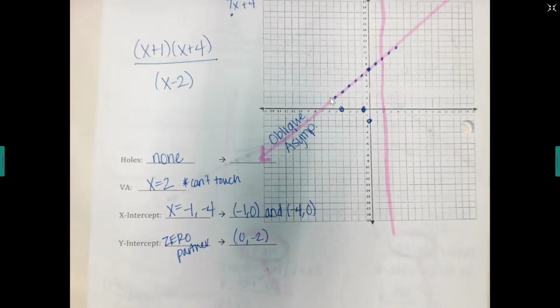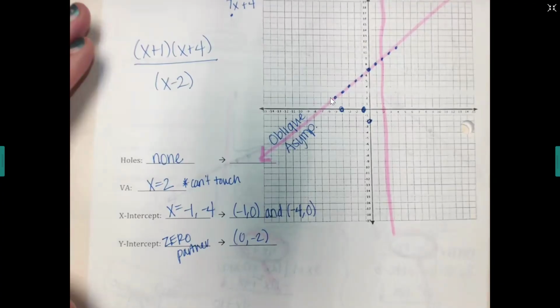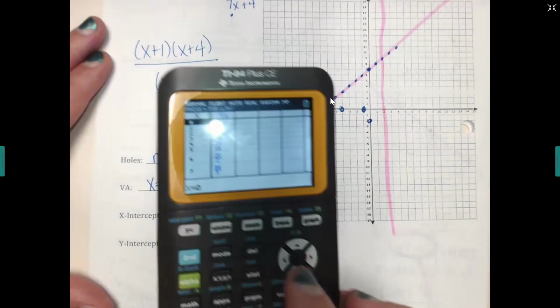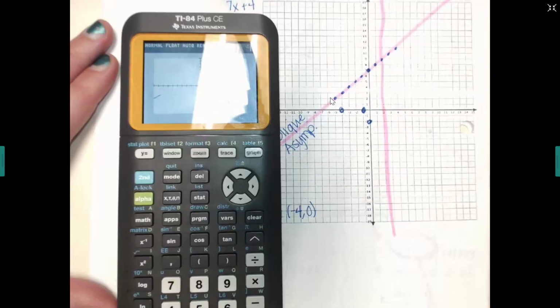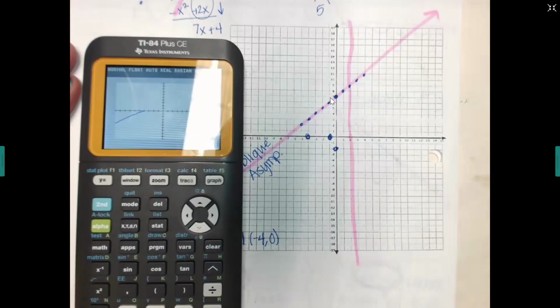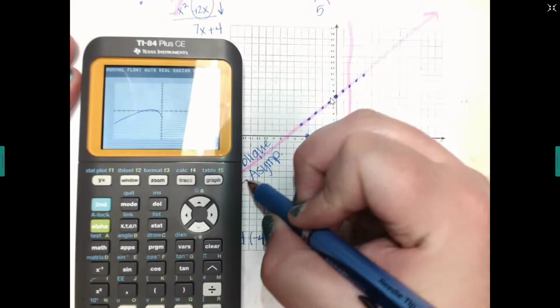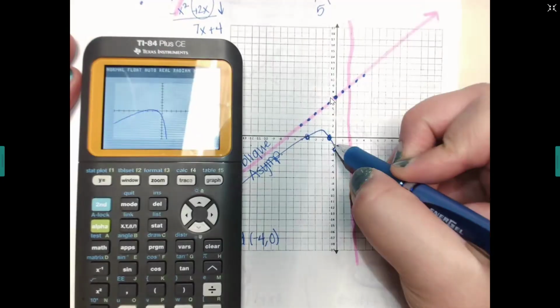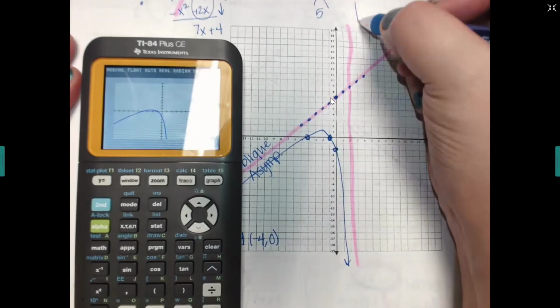Once you have that, hit graph on your calculator and then just copy the shape of your graph onto your paper. I'll show you mine if you haven't typed it in yet. The graph should have 2 parts. You're going to have a piece down here, and then you're going to have a piece up here.